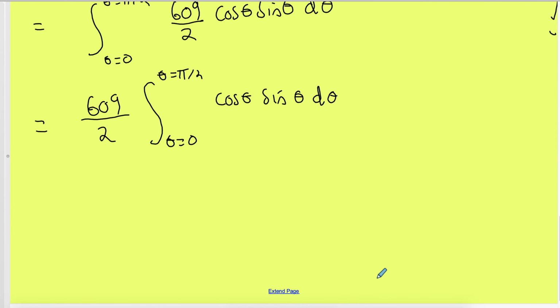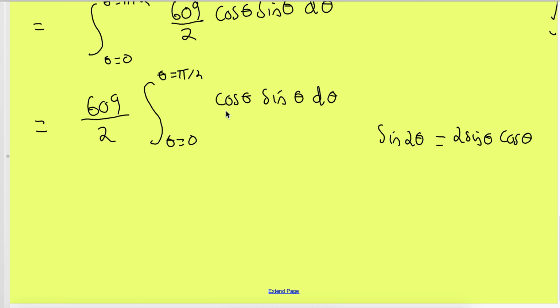So it tells me in that sheet that sine 2 theta equals 2 sine theta cos theta.